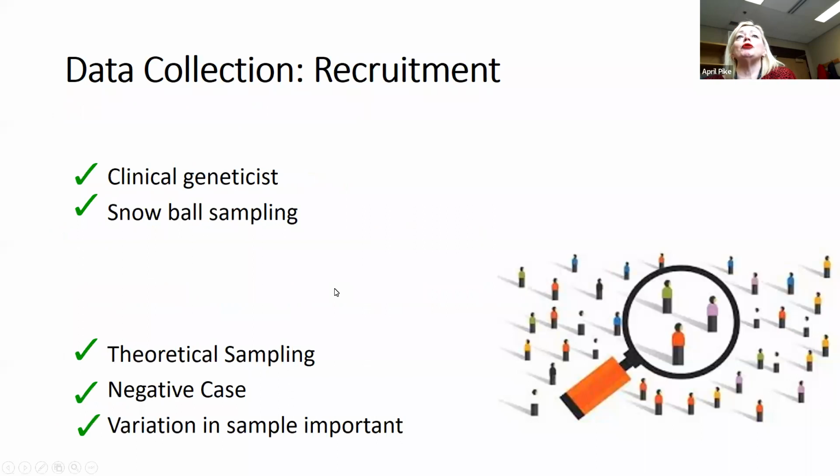So for me, my recruitment was through the Provincial Medical Genetics Clinic with a clinical geneticist, and I used snowball sampling. I also used theoretical sampling, and as I was recruiting, I recruited what we refer to as a negative case. A negative case is a case that goes against the grain; it's considered an outlier case.